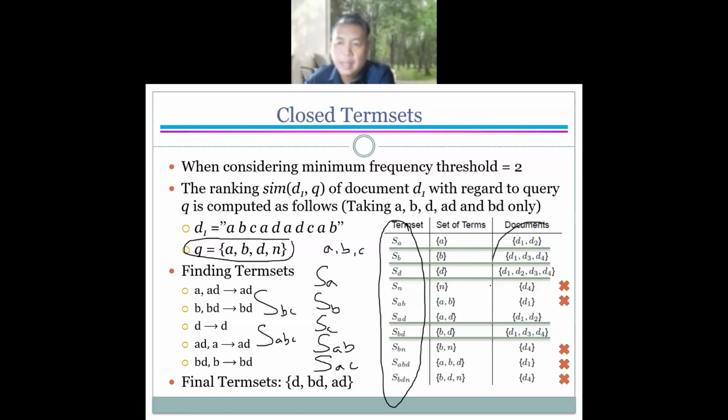Then you construct this one. So depending on the number of documents here, some may be removed. So we use the same threshold here, so you may have this one. Okay.